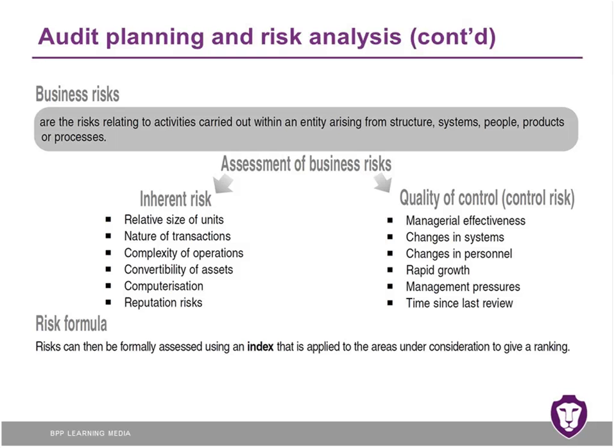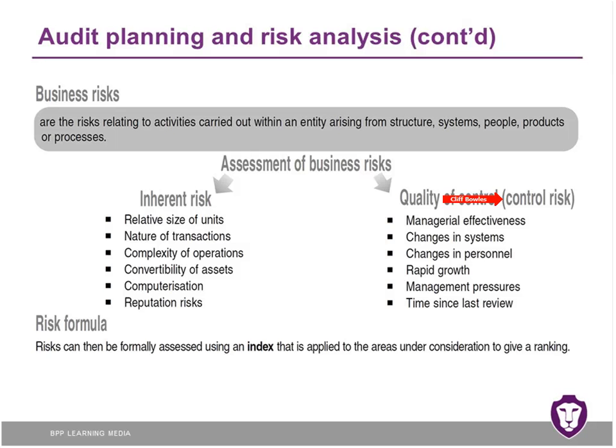You need to understand these two terms, inherent risk and control risk, so that you can give examples. The easiest way to understand it is probably to find examples in your own business. Go and ask somebody in your internal audit function to give you some examples of inherent risk in your business, and some examples of control risk. You'll remember it, much easier than doing that.